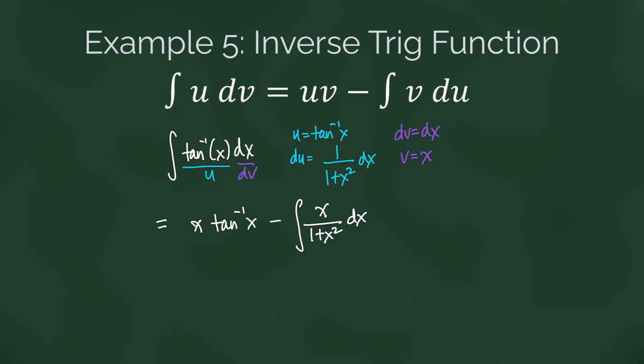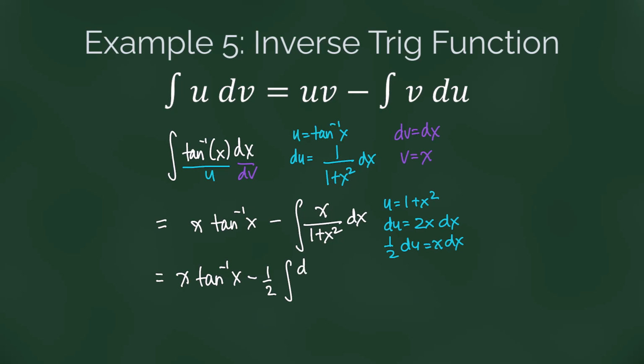That antiderivative we're going to need to use substitution to solve. So we'll let u be the denominator, 1 plus x squared, because we can see that a multiple of its derivative appears in the numerator, and we get that 1/2 of du is equal to x dx. Making our substitution, we'll have x inverse tangent of x minus 1/2 the antiderivative of du over u.